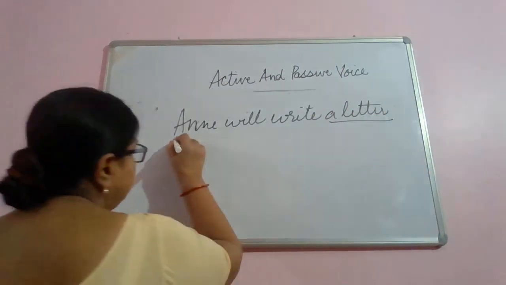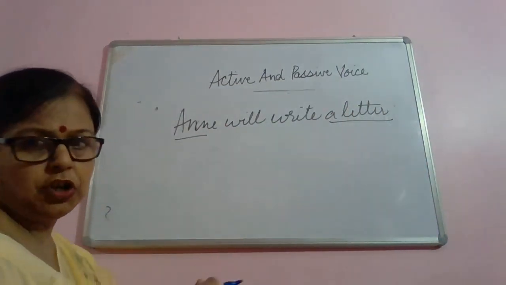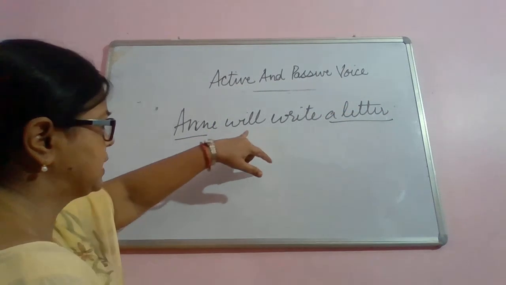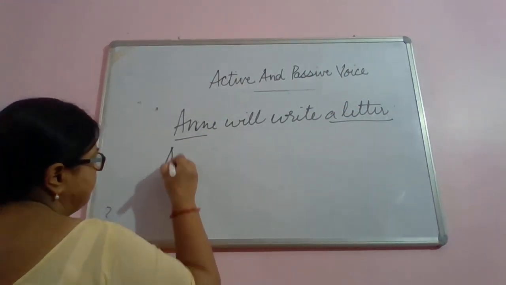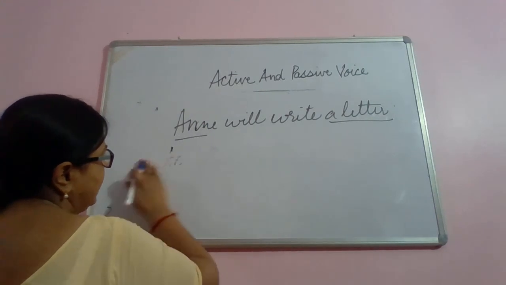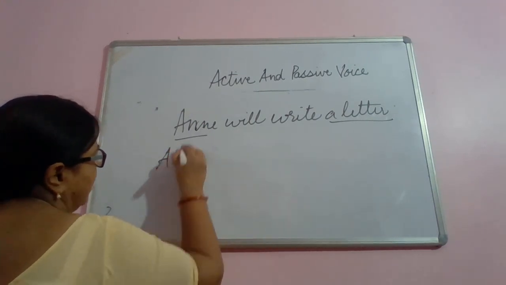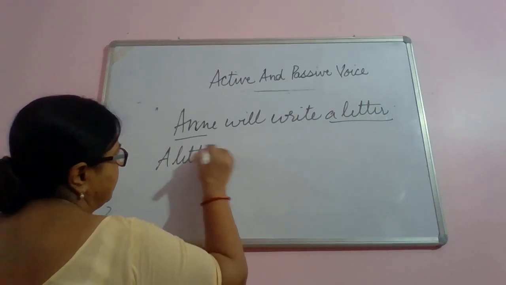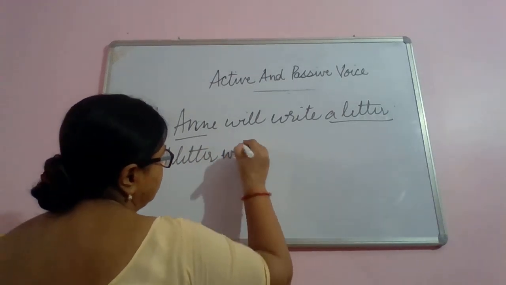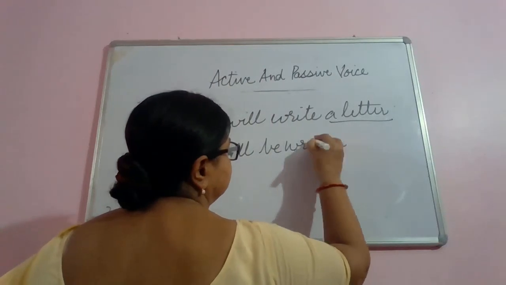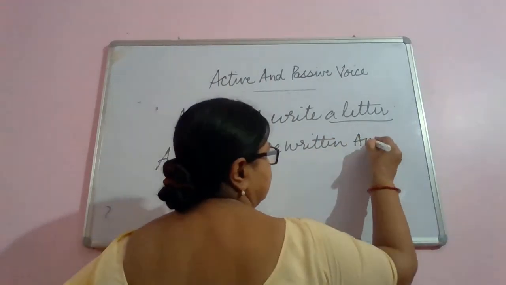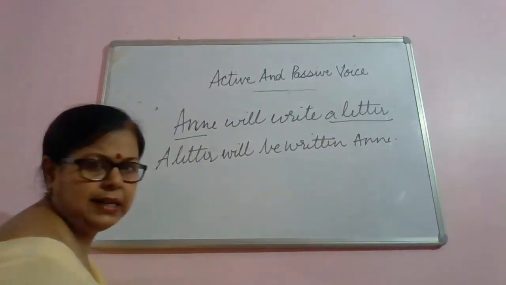The structure of simple future is subject plus will plus V1 plus object. So a letter will be written by Anna. Is it clear?